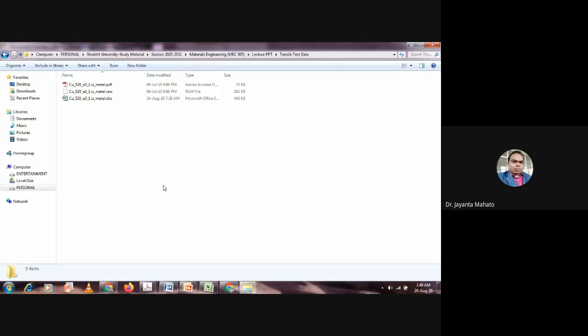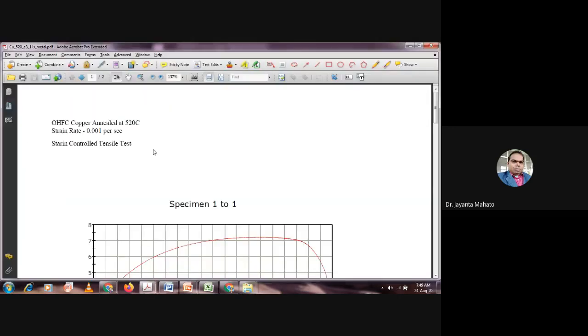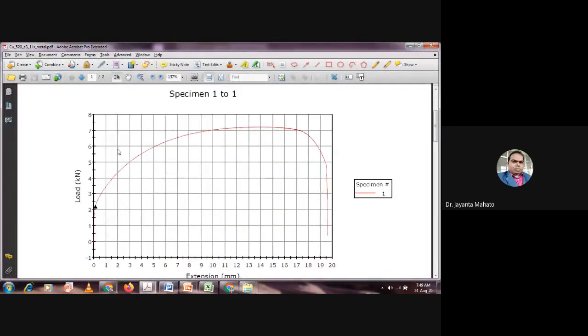Okay, so after a tensile test, what will you get? After a tensile test in a universal testing machine, and most sophisticated universal testing machines, like Instron, you will get 3 to 4 files. One is a PDF file.